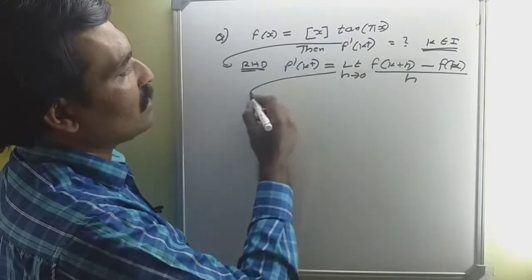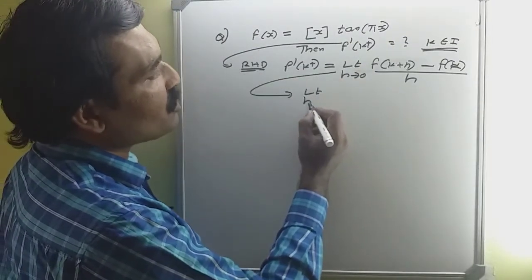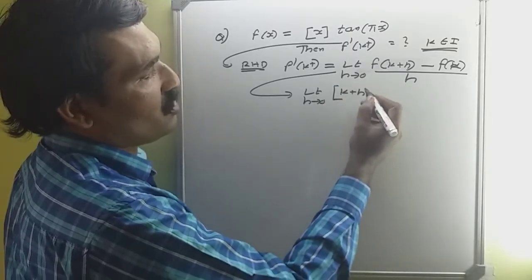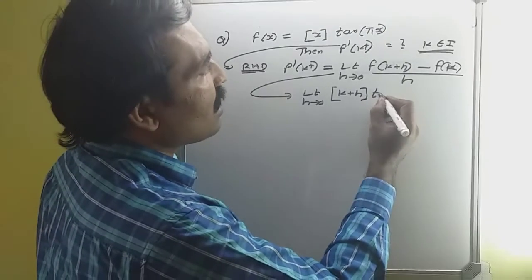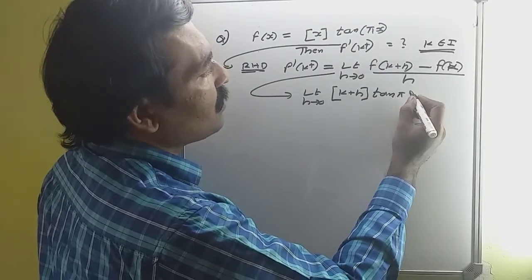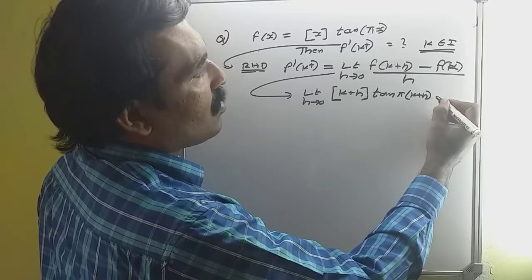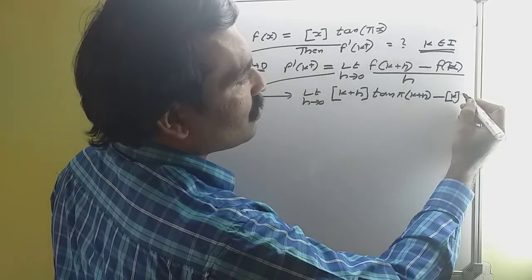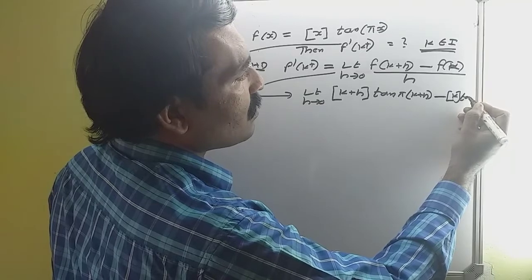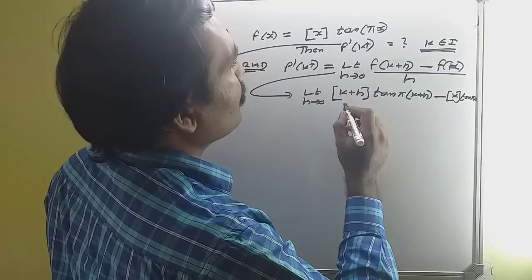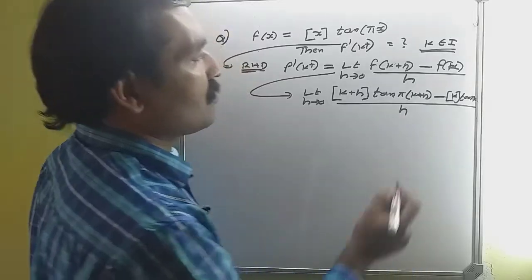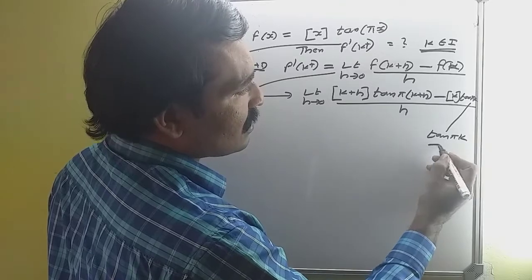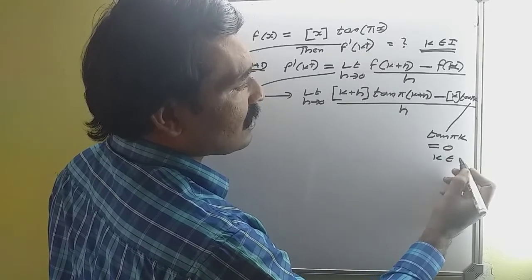Now this is equal to limit h tends to 0 greatest integer function of k plus h into tan pi into k plus h minus greatest integer function of k into tan pi k, divided by h. What's the value of tan pi k? Tan pi k is equal to 0 if k is an integer.